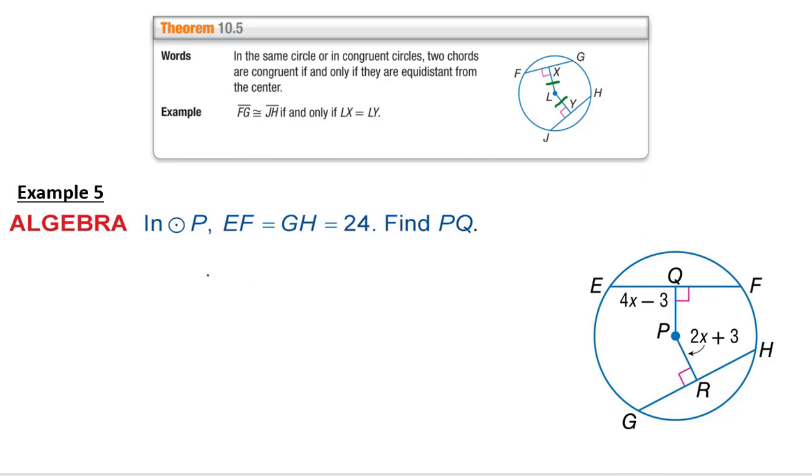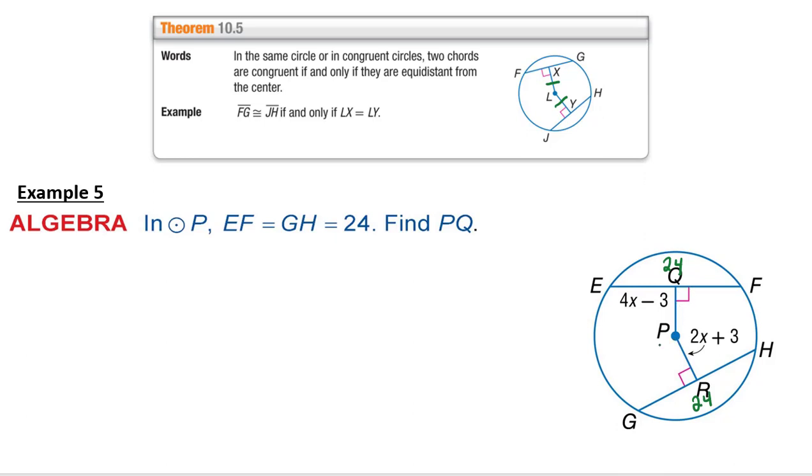Okay, so in circle P, in our example here, EF is equal to 24. GH is also equal to 24. I need to find PQ. Well, if I have congruent chords, then they're going to be equidistant from the center of the circle. I have to have a right angle there.